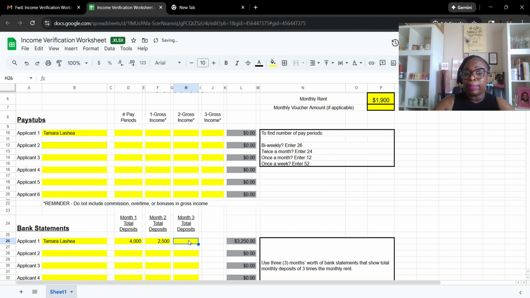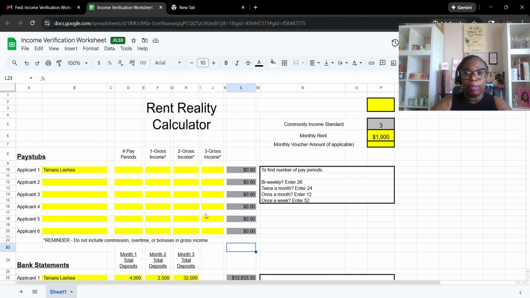For the third month, let's say you made $3,200. This is the total deposits for month 1, month 2, month 3. Remember, we still have to make three times the rent. The rental property we're interested in is $1,900 a month.